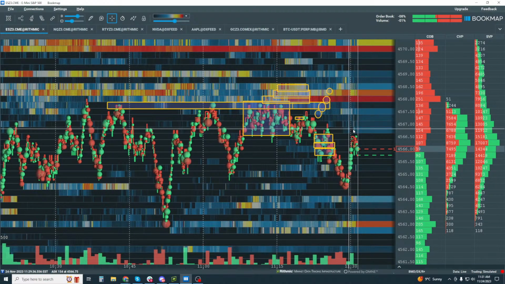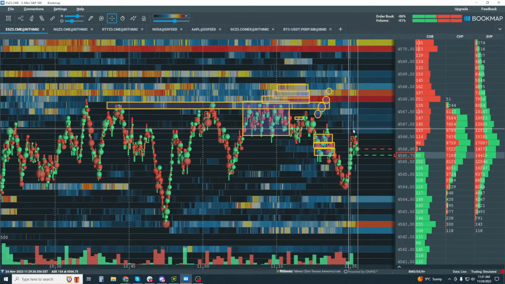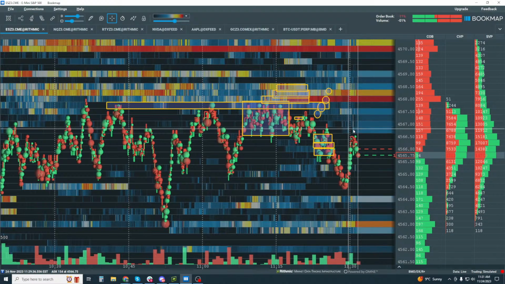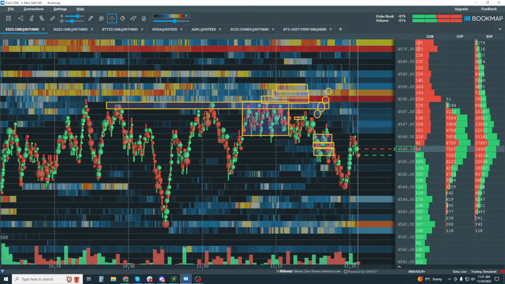And then we're taking advantage of that by understanding the behavior of what we know moves the markets.